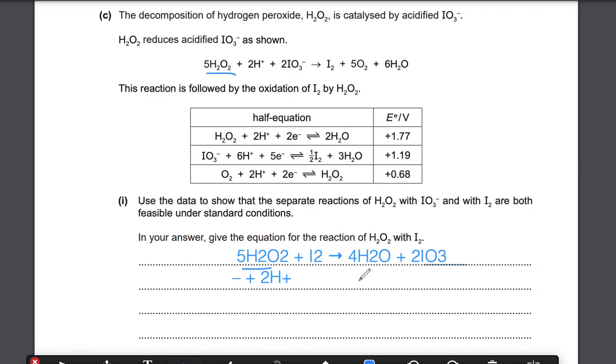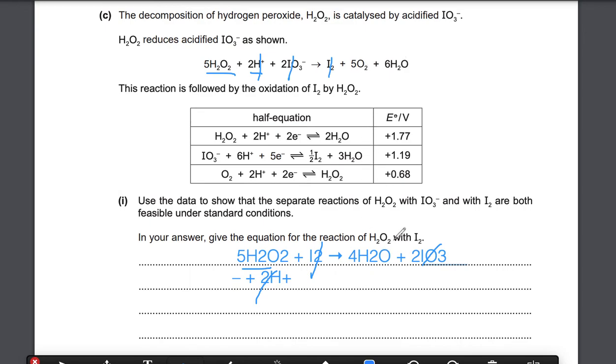How about iodine? We can cancel it, right? So I2 is cancelled with this, and 2H positive is also cancelled, and 2IO3 minuses are also cancelled. So what's left is 4H2O, 6H2O, and 5O2.